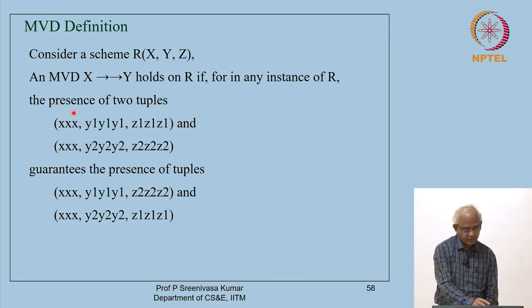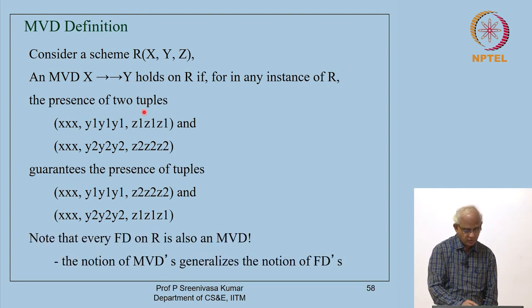If the presence of these two tuples always guarantees the presence of these other two tuples, then we say that MVD X multi-determines Y holds on that relation. And there is a symmetry in this definition, and so if X multi-determines Y holds, then X multi-determines Z also holds.